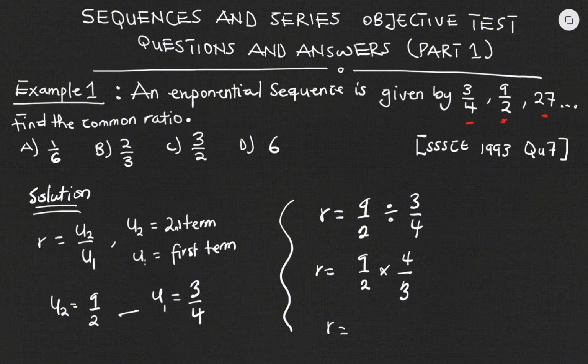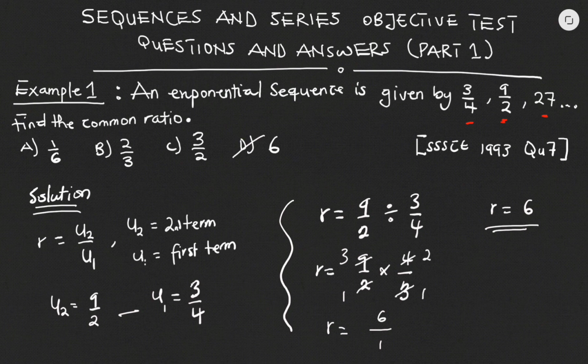So R is now equal to: 3 will divide 9 three times, 2 will divide 4 twice. So I have 3 multiplied by 2 at the top, which is 6, then 1 multiplied by 1 at the bottom, which is 1. So therefore my common ratio is 6. So the correct answer for example number 1 is option D.